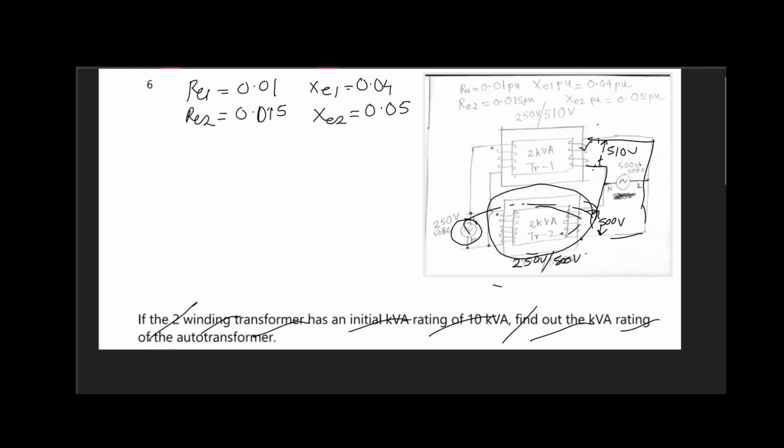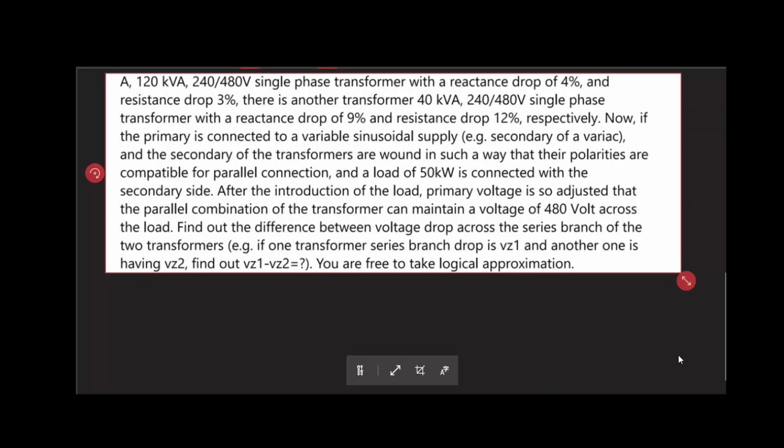So let us consider 120 kVA to be our base kVA, and as both transformers have identical voltage rating, if I want to convert the second transformer impedance to this base value, it would become something like 9 by... What about this ZE2, and what about ZE1?